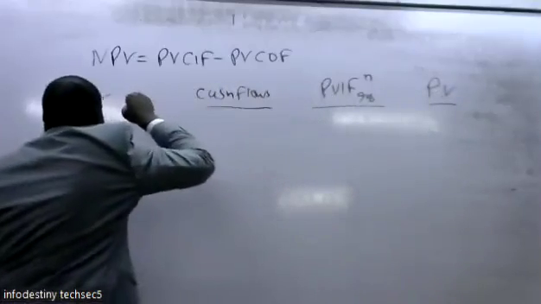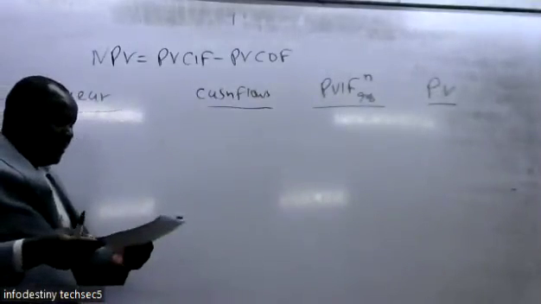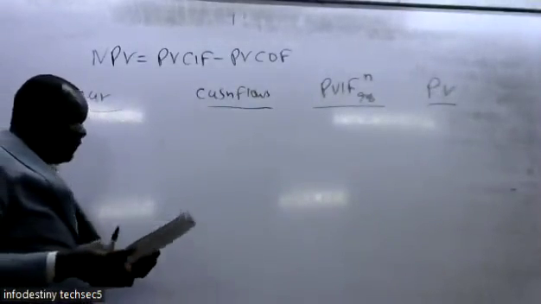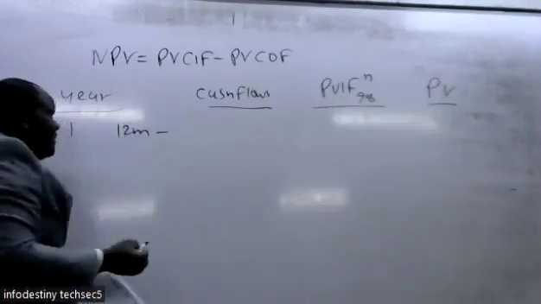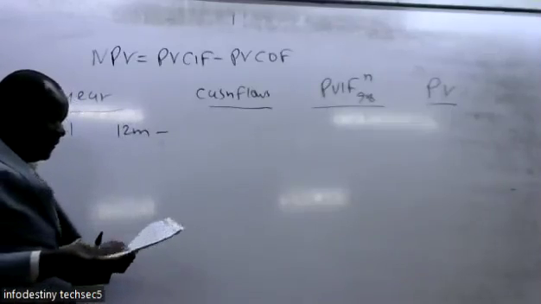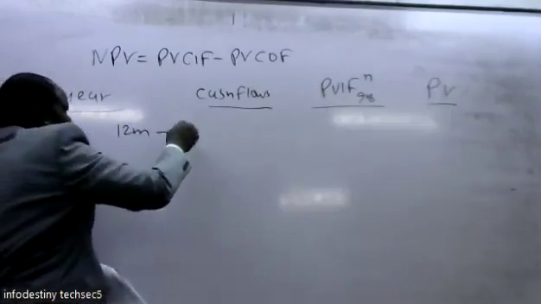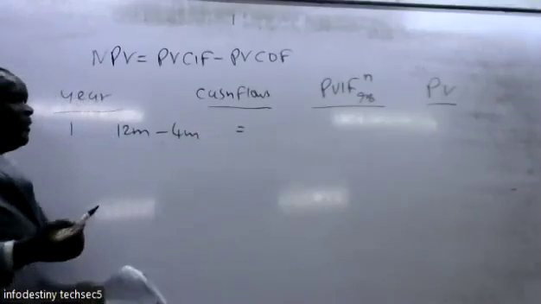In year 1, we simply take the savings, which is 12 millions, minus the running cost, which is 4 millions. Can you see that item? When we subtract, what should now be the cash flows?